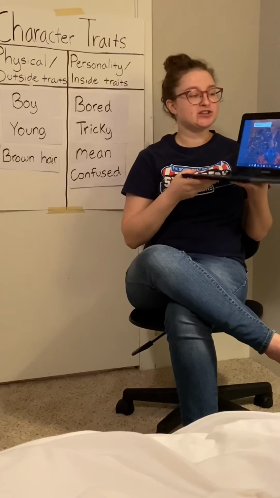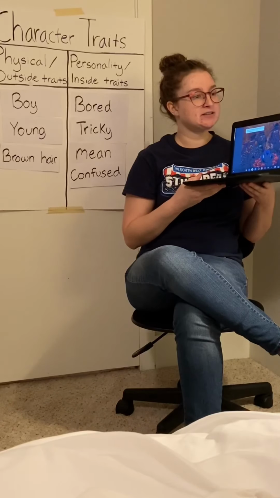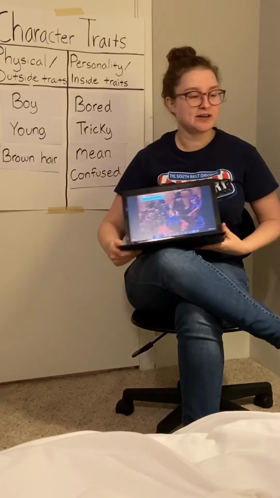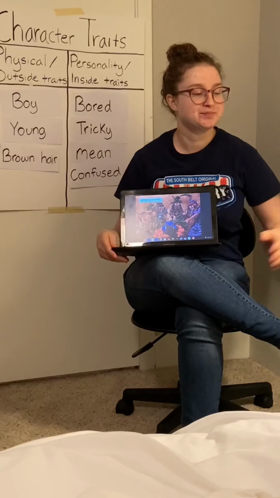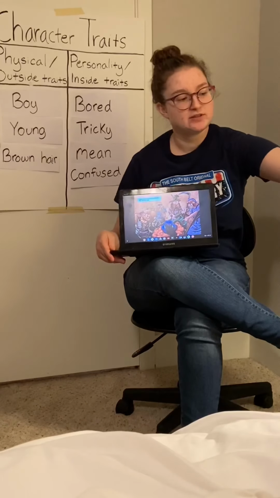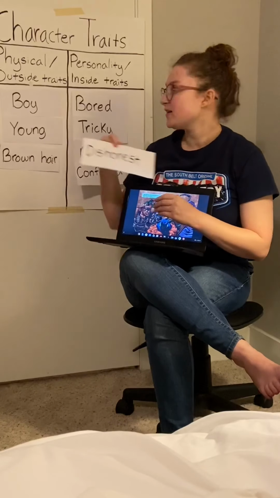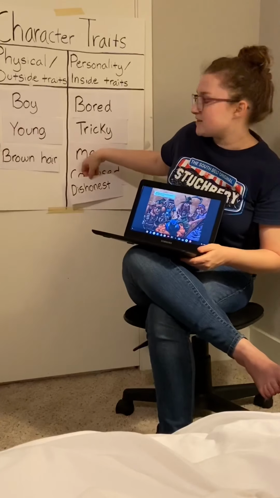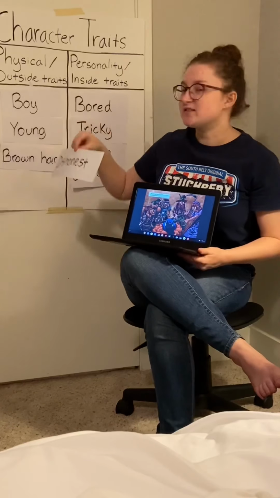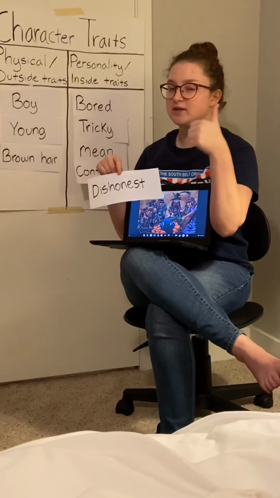So do you think that the shepherd boy was being dishonest? He was not being honest, right? He wasn't telling the truth. So, do you think that being dishonest is a physical outside trait or a personality inside trait? If you think that dishonest is a physical outside trait, put your thumbs up.